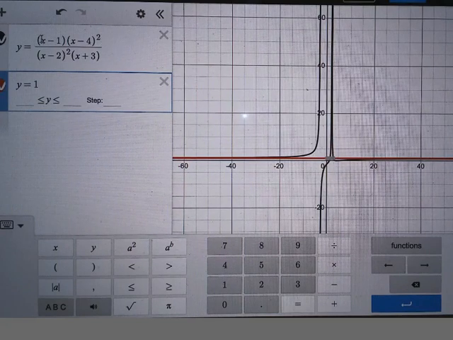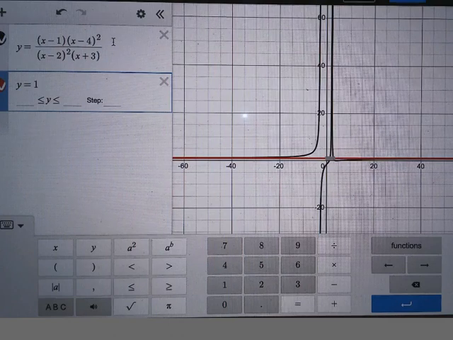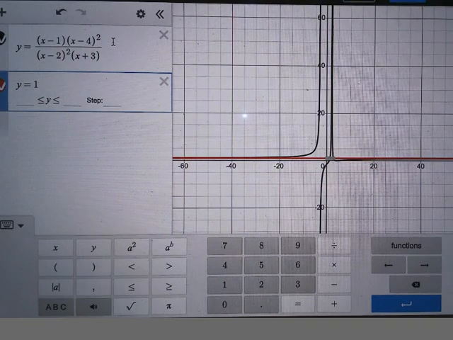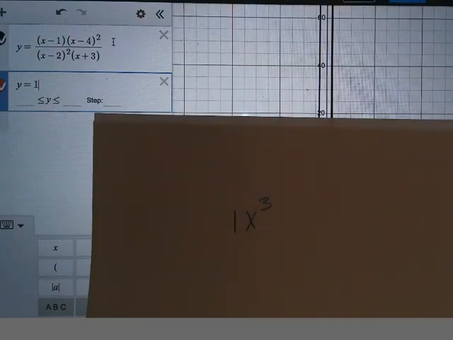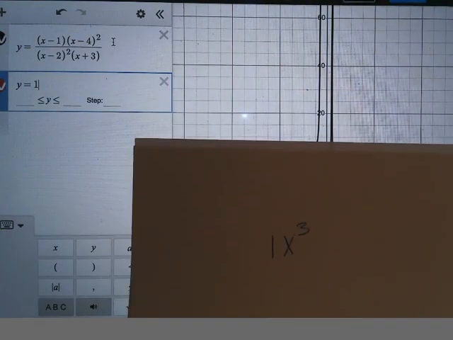Well, we'd have x times x times x, twice. So we'd have x to the third. So the degree of the numerator is x to the third. The leading number would be 1x to the third.